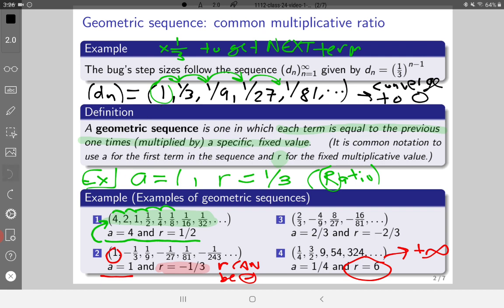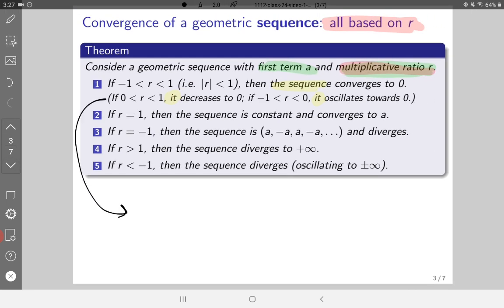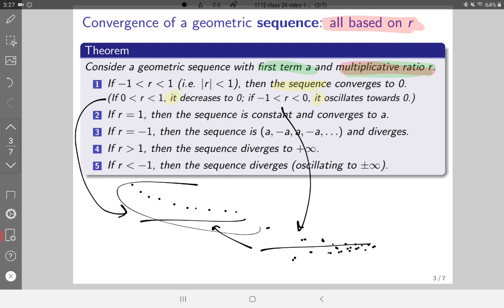And so these magnitudes are still going to go to 0, except instead of decreasing, so let me draw it down here, if r is positive, the values go down to 0 like this. If r is negative, then they go to 0 by getting closer but alternating back and forth. So I have positive 1, negative a third, positive a ninth, negative 1/27. And in magnitude, they're behaving just like this one back here, but the signs make them oscillate and alternate towards 0.